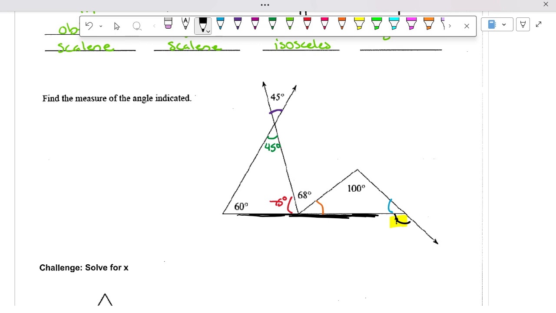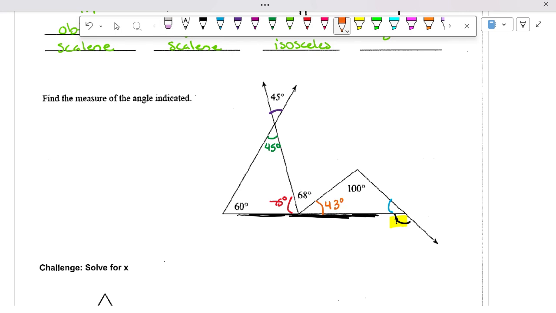Subtract 68 and 75 from 180, which should give you 40. So 45 or 43? Are you doing the 60 or the 68? 68. Okay, yeah.